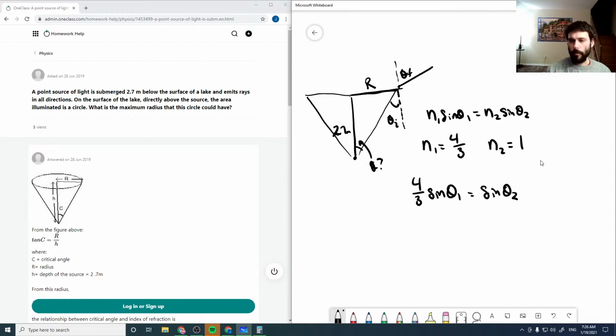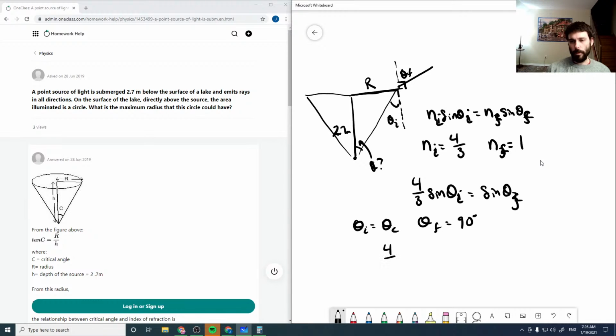Now, we have some critical angle where theta F or theta 2, maybe I should have actually used the same notations, and I apologize for that. So I'm just going to switch these over to I's and F's, like that. Now when theta F is 90 degrees, we've got our critical angle.